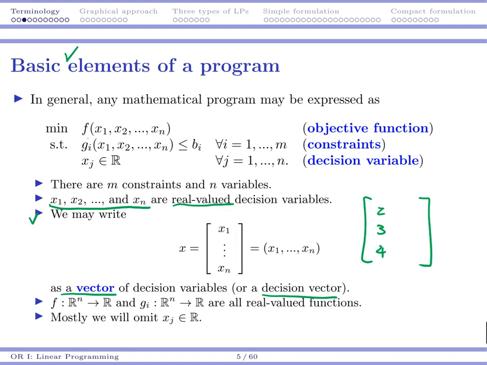When we are talking about vectors in the field of OR, typically we by default say all the vectors are column vectors. So when we want to create the vector x, we put all these x variables into a column so that it forms a column vector.